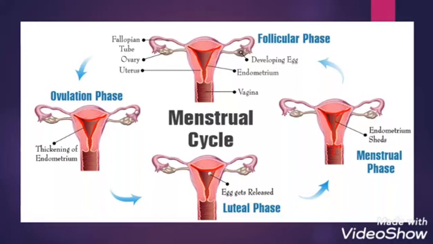Progesterone keeps the uterus lining thick and spongy and well supplied with blood in case the egg is fertilized. If the egg is not fertilized, then the corpus luteum gradually disappears and progesterone is not secreted anymore, so the lining of the uterus breaks down and menstruation happens. And that is now the menstrual phase. A new follicle starts to develop in the ovary and the cycle begins again.